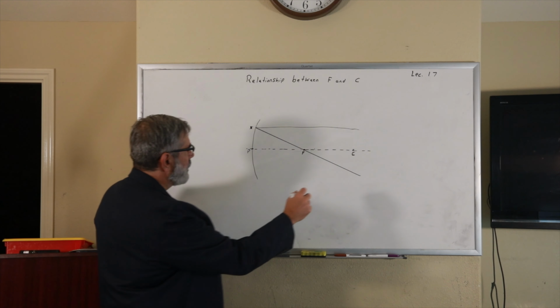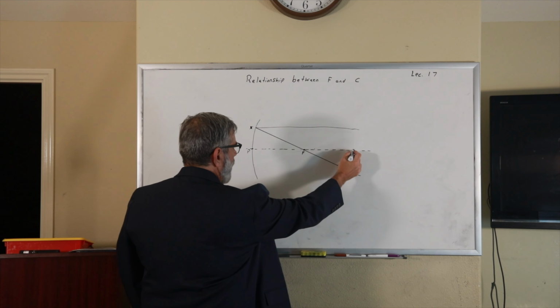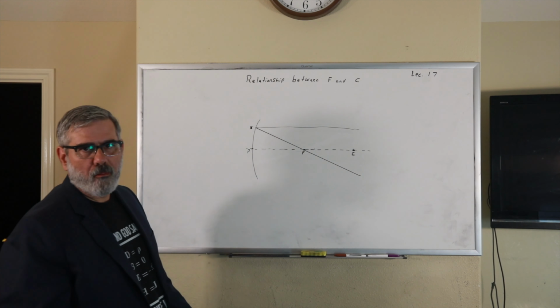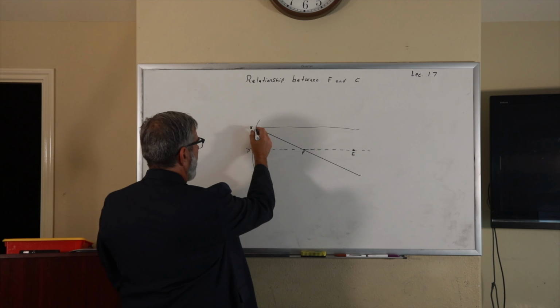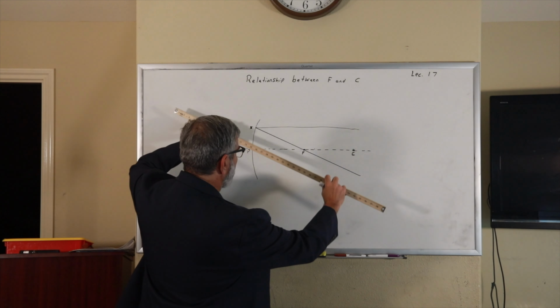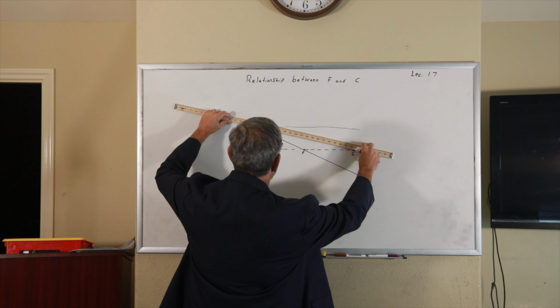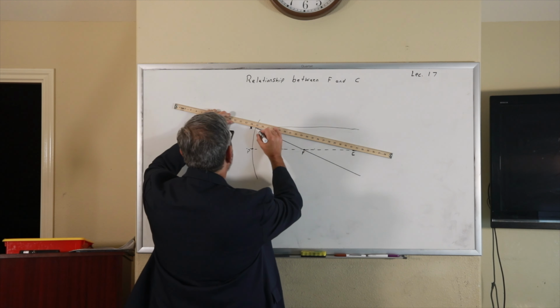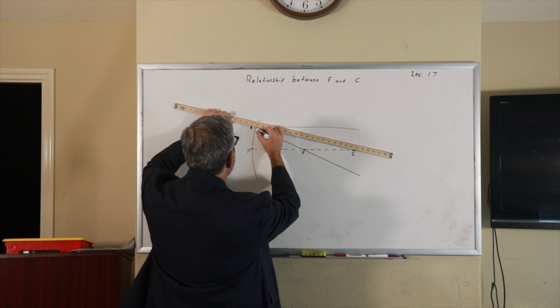Okay. Next, I want to consider a radial line from the radius of curvature point C to the point X. Now remember that this will, by definition, be normal to the surface of the circle, or the reflector here.